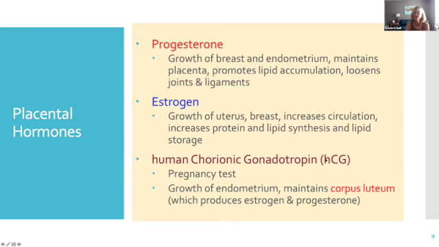So that means that pregnancy has occurred. This hormone you've learned about before, I just wanted to bring it up. Remember, it's a placental hormone. It also helps grow the endometrium, which is the uterus, and it maintains the corpus luteum. Do y'all know what that is?